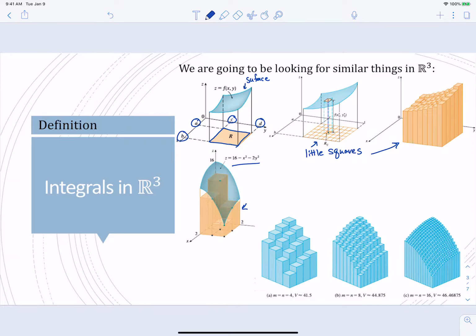So of course what we want to do, as we would do with those little rectangles in R2, is make smaller and smaller solids. We want to cut up our region into smaller and smaller squares so that we get a better approximation to what that actual volume is.